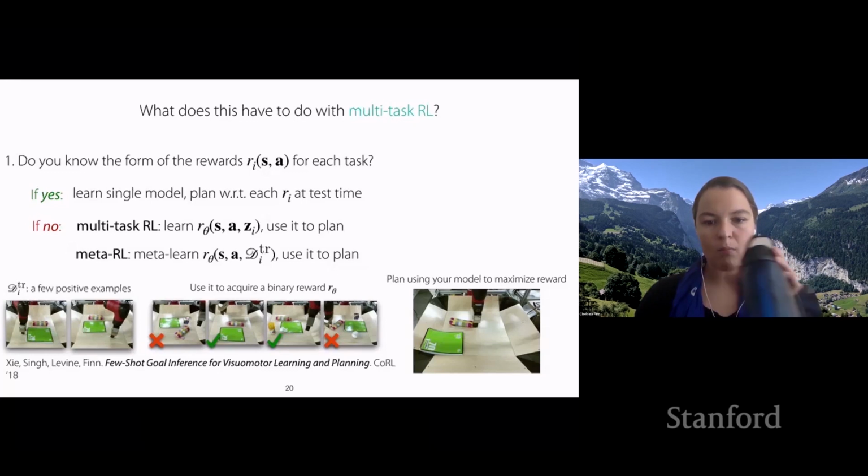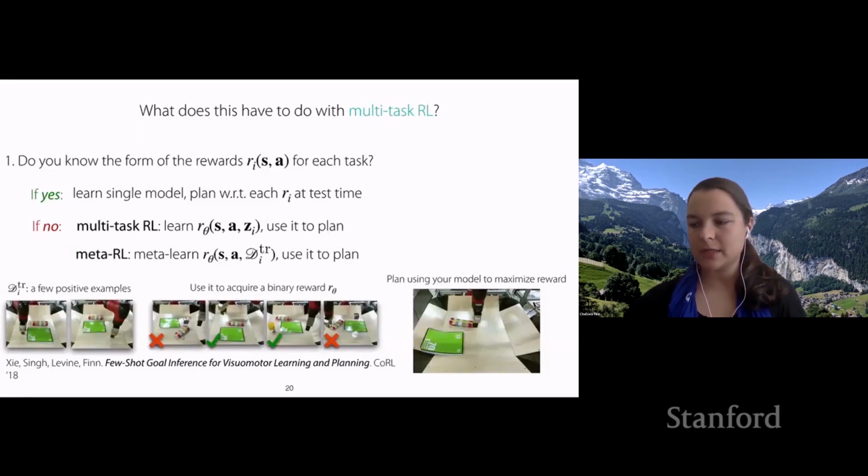Sorry, can you just go over what you mean by the form of the rewards? Yeah, so what I mean by that is, do you basically have an equation that tells you what R is as a function of S and A?